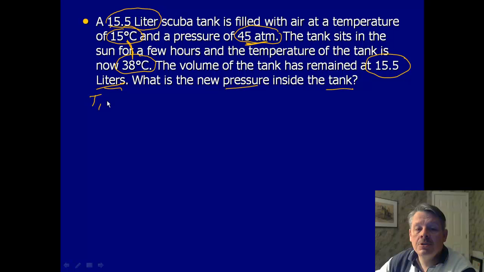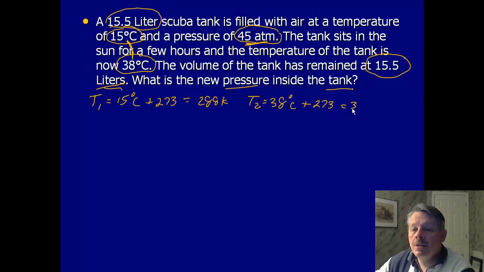Temperature 1 is 15 degrees Celsius, and I add 273, so that gives me 288 Kelvin. My second temperature is 38 degrees Celsius, and if I add 273 to 38, I get 311 Kelvin. So I'm done with that.